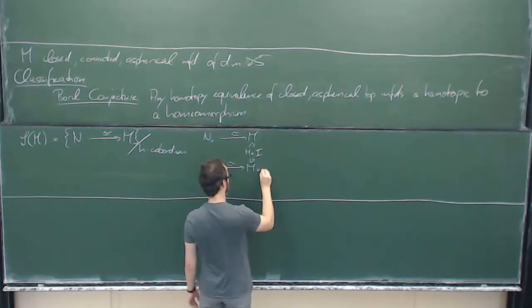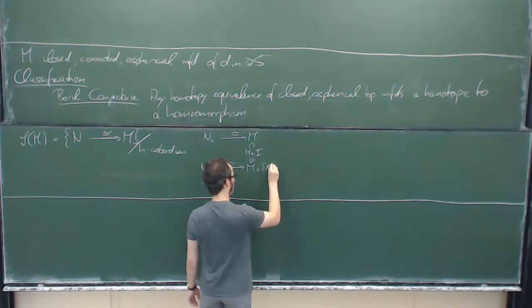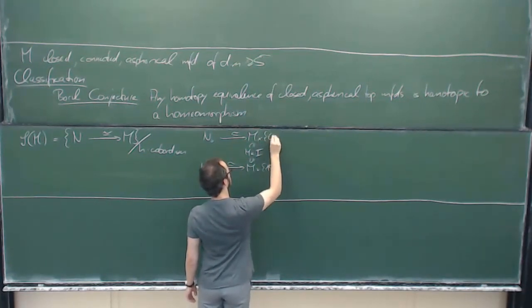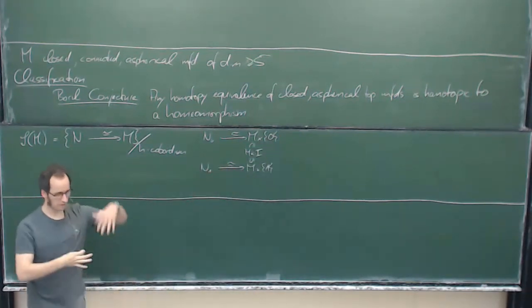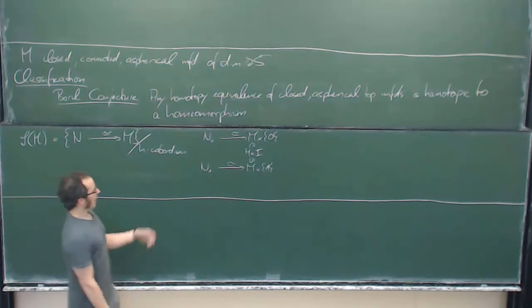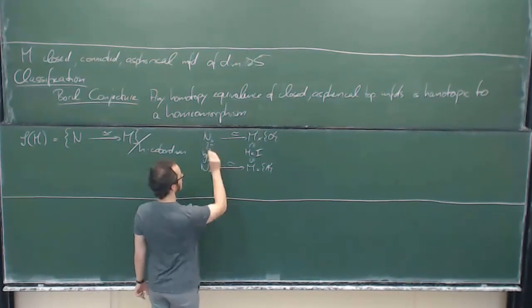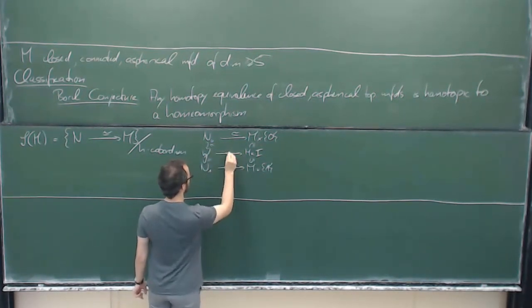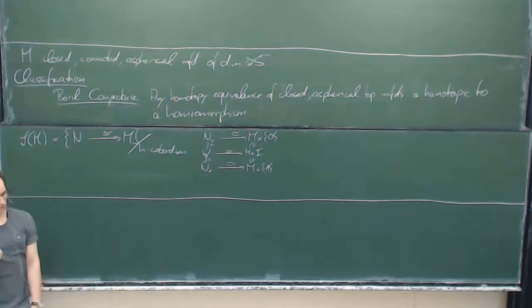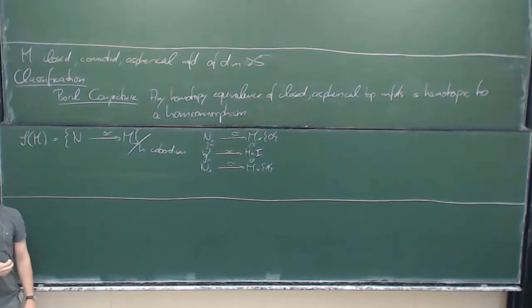And so I identify the two copies of M that I have with the two ends of the cylinder. And then I say I'd like to have some h-cobordism here such that these maps extend to a homotopy equivalence to the cylinder. So it turns out that this is, in general, the correct equivalence relation to mod out.